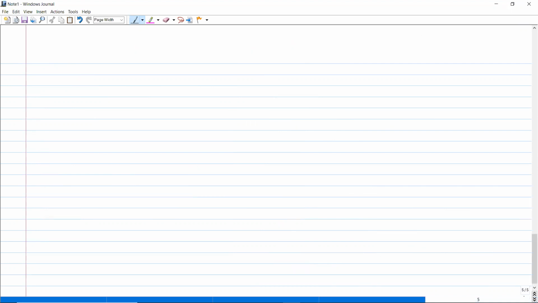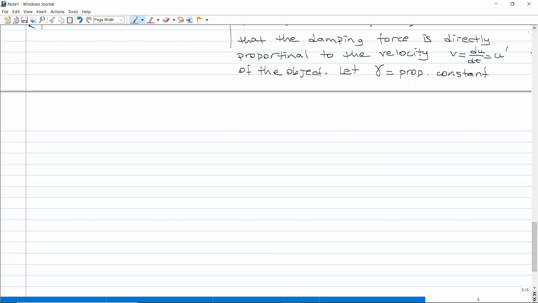Now, how is this going to change the equation? So on one side, we have again mu double prime coming from Newton's law of motion. In the other direction, we have the force exerted by the spring and also the force due to this damping force.